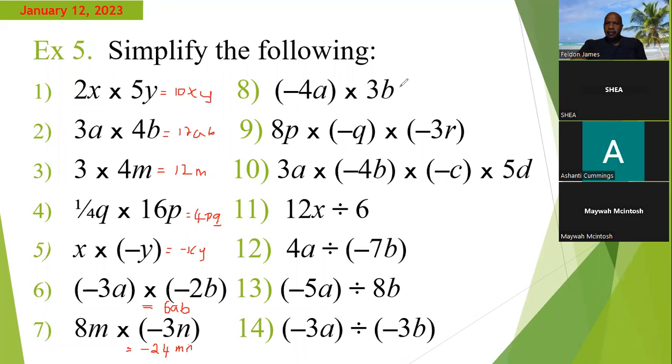Sir, the answer is negative 12ab. Ms. Trevia. Yes, sir. So it is negative 12ab. Yes, sir. As in question 7, you multiply the numbers, multiplying a negative times a positive, so you get negative. 4 times 3 is 12. 8 times b gives you ab.